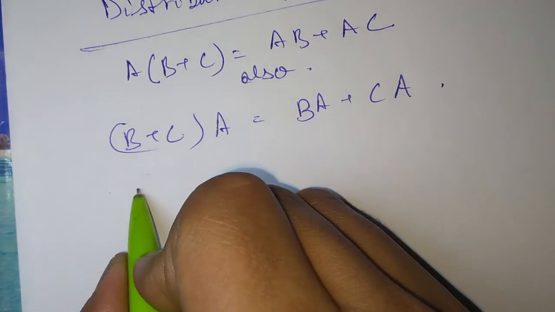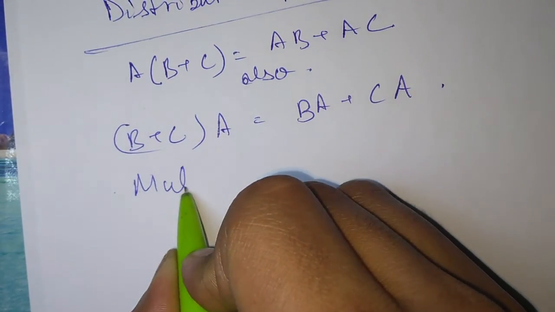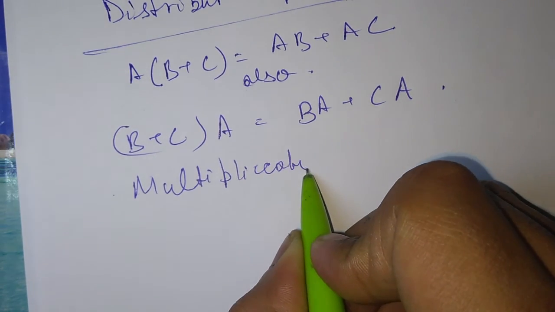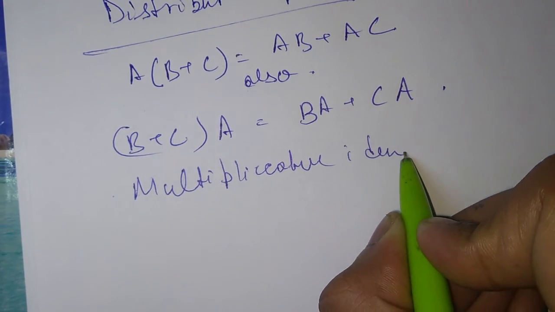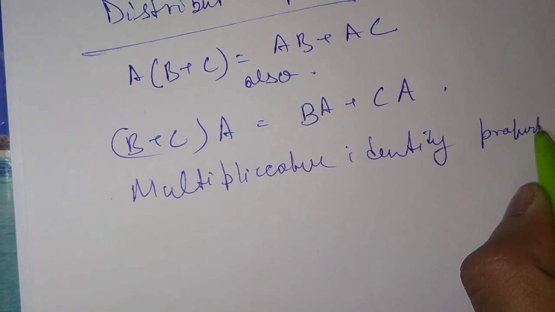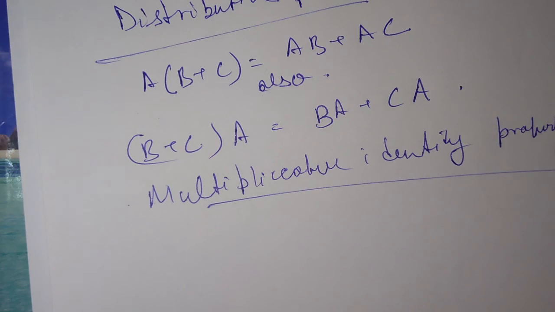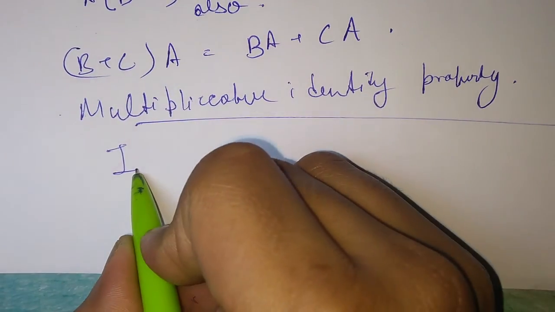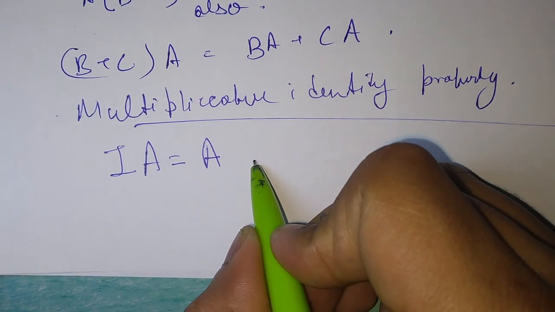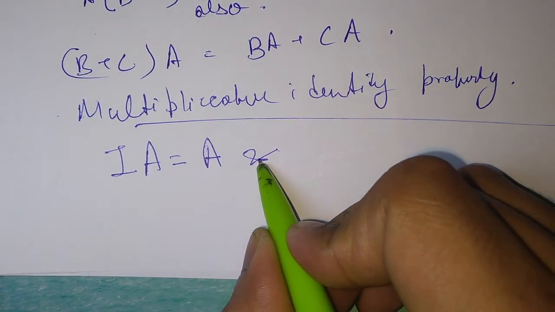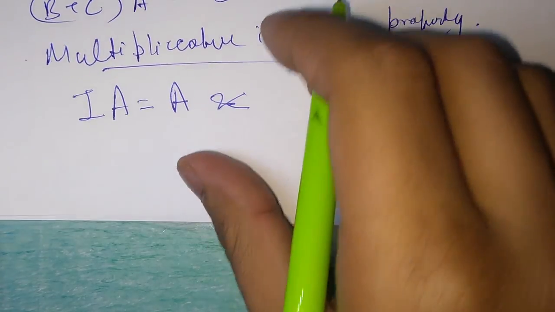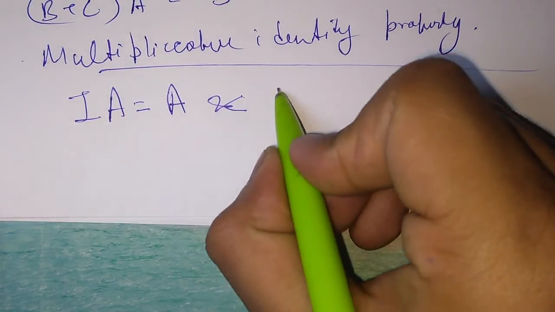Multiplicative identity property. Here, if we multiply an identity matrix with a matrix, the matrix remains same. It doesn't matter whether identity matrix is pre-multiplied or post-multiplied.